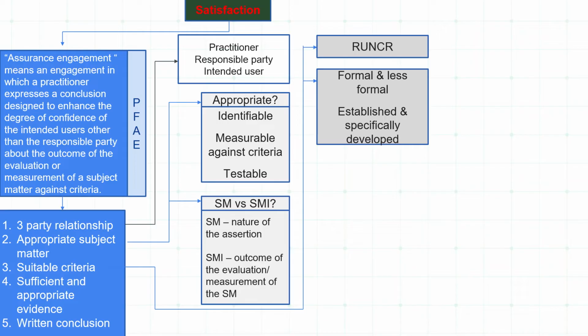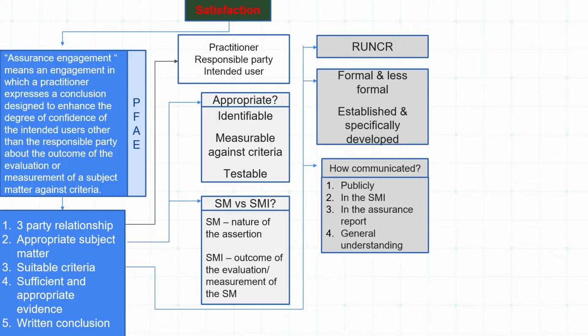We also have to remember that in the case of assurance engagements, criteria must be communicated to the intended users so that the users will basically know what the subject matter is being matched against. How do we communicate the criteria? Well, there are a variety of ways. Number one, it can be done publicly, such as, for example, if you think about our accounting and auditing standards, they are published in a website available for public consumption.